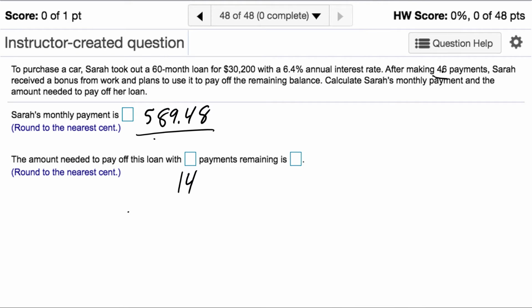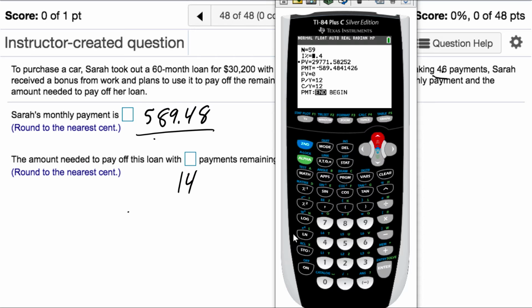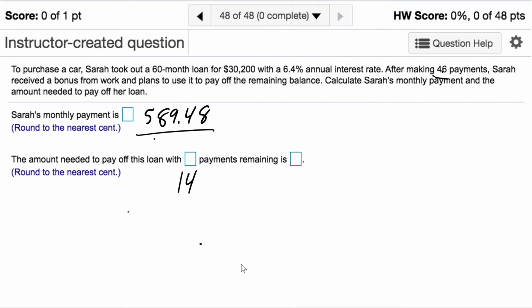All we have to do to solve for this is go up to n and change that to 14 for the 14 payments she has left. Then we change the present value. Notice we left the payment the same. So we'll just solve for the present value here. And so we get $7,931.85.